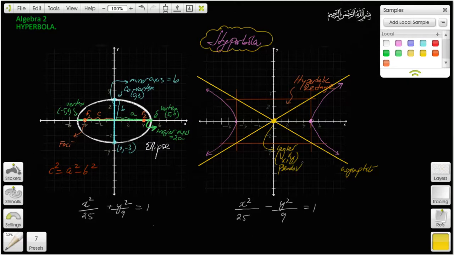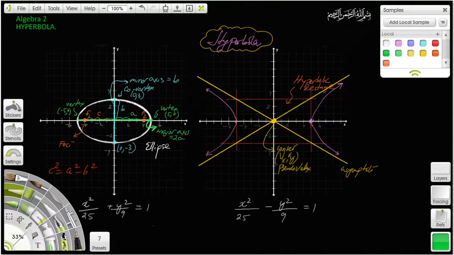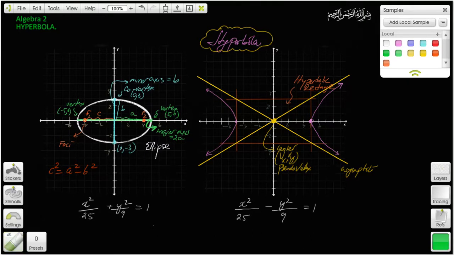All right. And from the center, okay, from the center to the actual vertex here, right here, that is A. Now in this case, this is actually the vertex of the hyperbola. It has two vertices. There's one over there, and there's one over here.